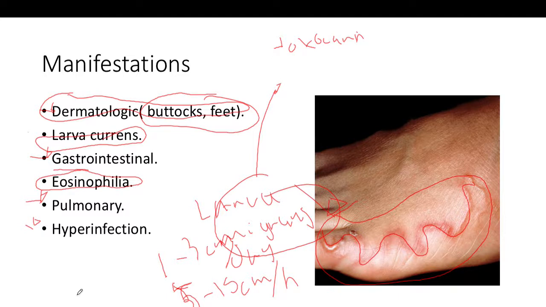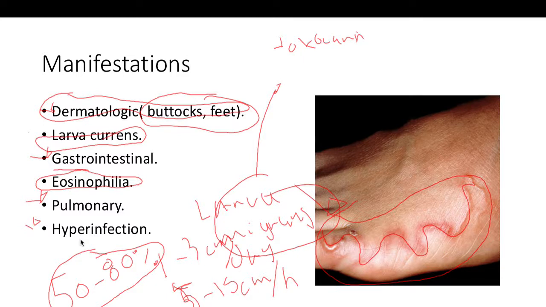Okay, so in immunosuppressed patients that develop hyperinfection, mortality can range from 50 to 80%. Okay, this is the population where the infection can be mortal.